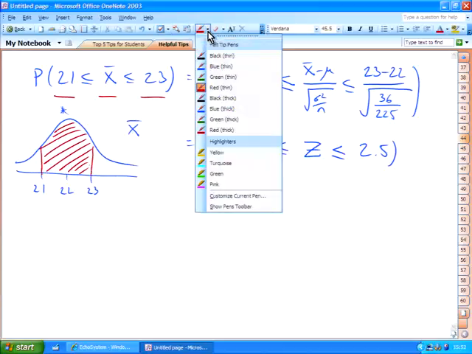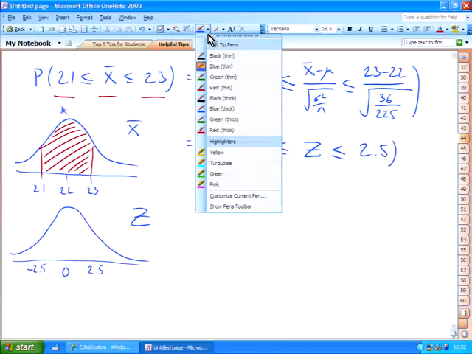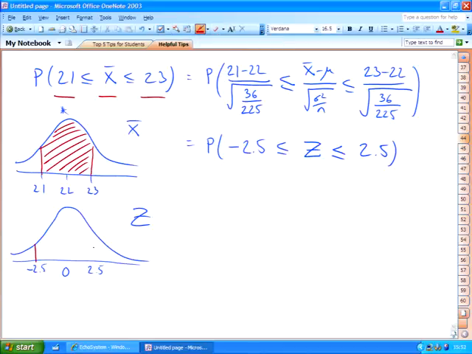In my standard normal world, what does this look like? Well, this is centered on a mean of now 0, because we're now in my z world. And my corresponding values here are minus 2.5 and plus 2.5. So I want to work out this particular area here, this shaded area.